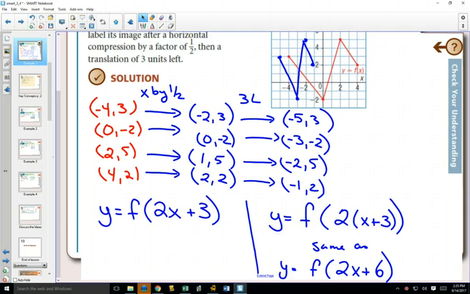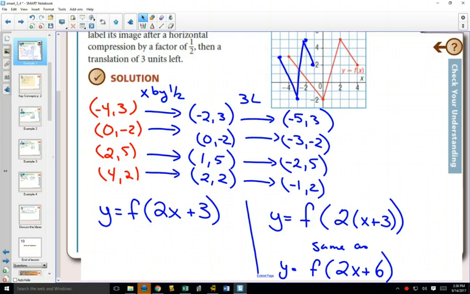Okay. So some of you picked this one. And in picking that one, you probably went, I like that one. It's got the plus 3 all by itself. It's got the 2x by itself. It's what my gut is telling me to pick. And I don't like the one on the right because it's the same as 2x plus 6, and I don't like that 6 there.